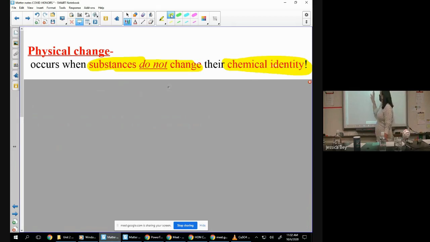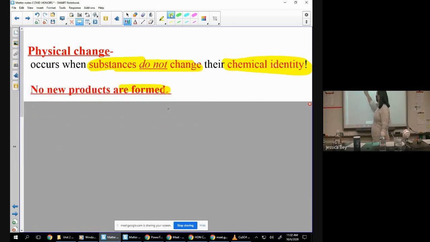The other thing, if you want to write instead, you can just say no new products are formed, a change in which nothing new is formed.